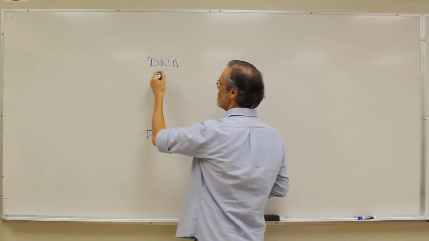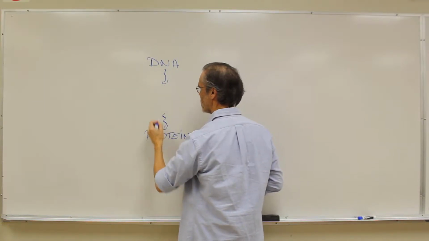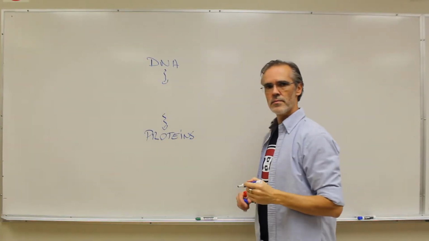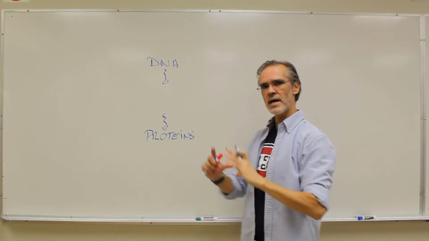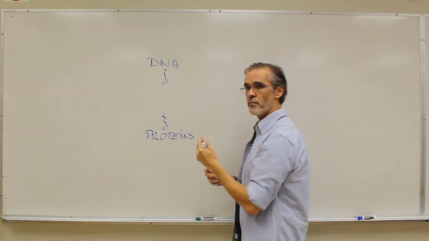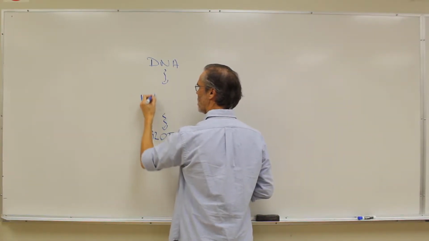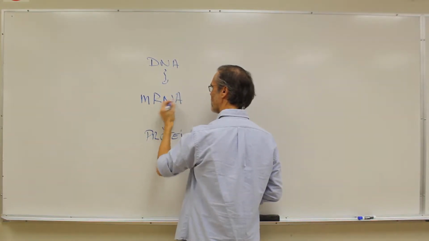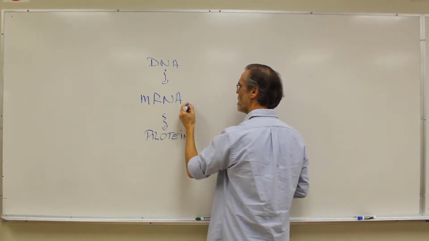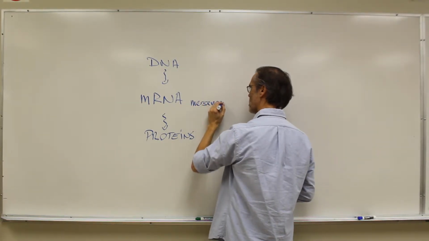So in the middle, we have this missing piece here. And that missing piece is that part that can relate to both DNA and the protein at the same time. And this is called the mRNA. mRNA for messenger RNA.